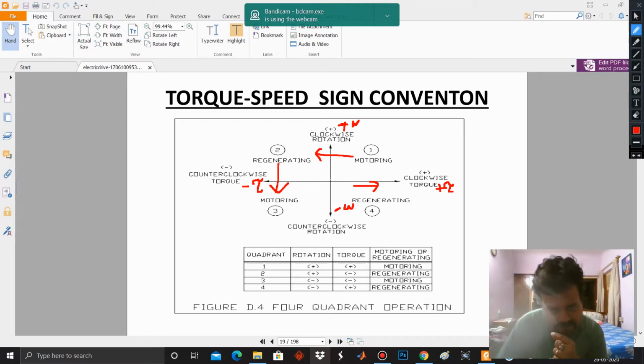The torque is negative, but in the third quadrant the speed has also become negative. Now we shift from the third quadrant to the fourth quadrant. Here the speed is negative, but the torque has become positive. So these are the sign conventions in all the 4 quadrants.